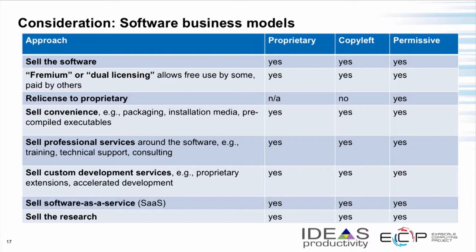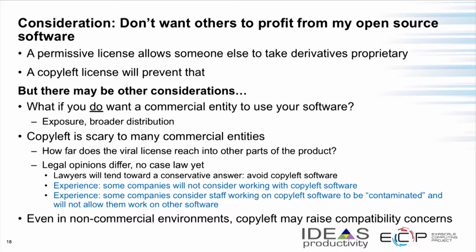And as you'll see, in several key factors, the biggest difference here is the ability to relicense something to a proprietary license, or even anything more or less restrictive. There sometimes are relicensing considerations.